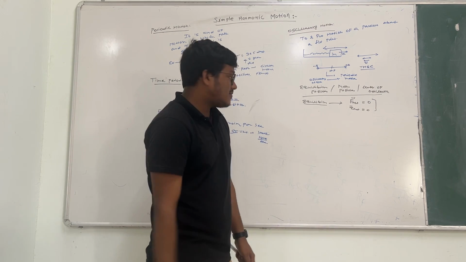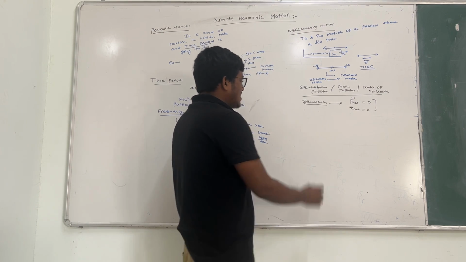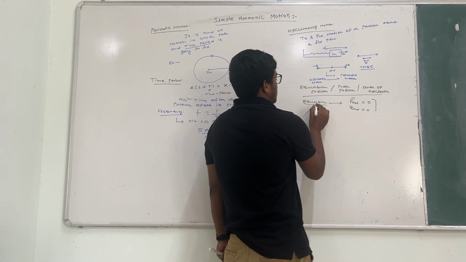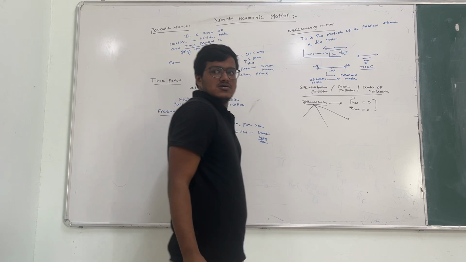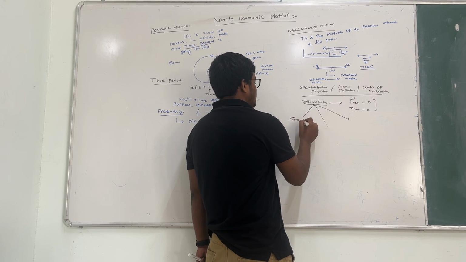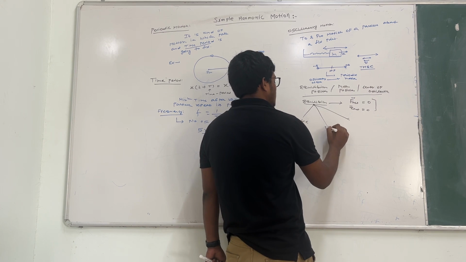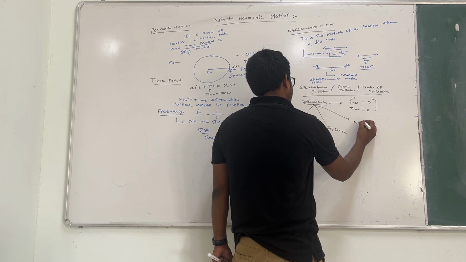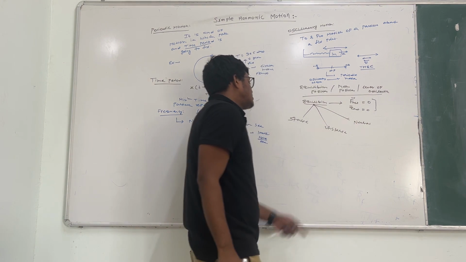Now, as we read in work, power, energy, we can classify equilibrium into three types: first stable equilibrium, second unstable, and third neutral.